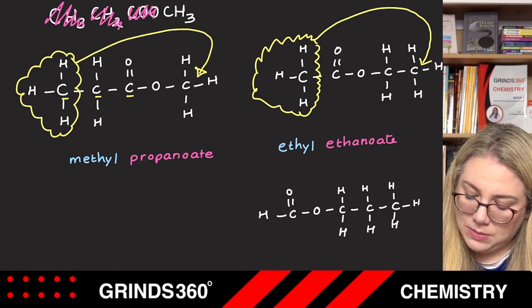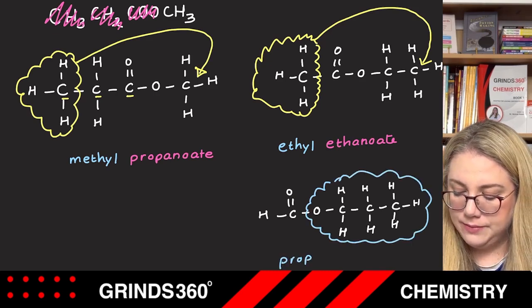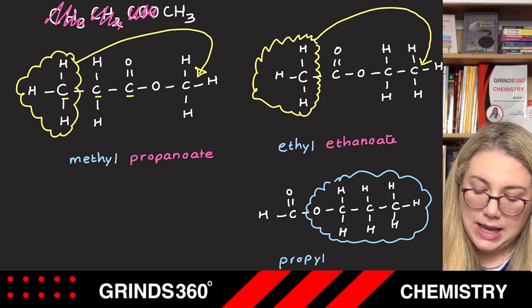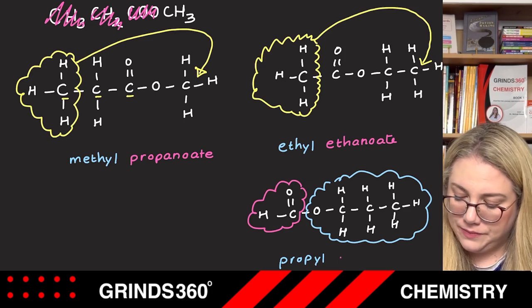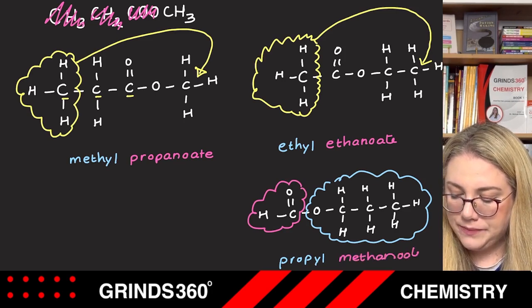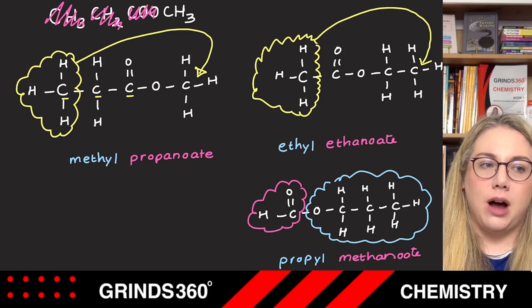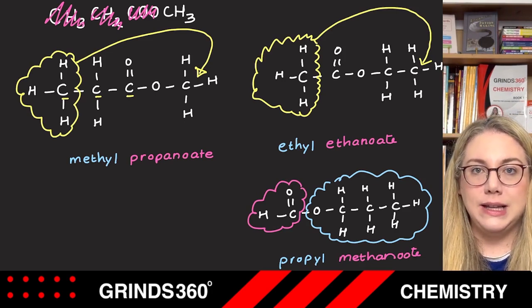Now the part of this molecule that came from the alcohol is this bit here. This would be propyl because you have 3 carbons. And the bit that came from the carboxylic acid would be this one. That would be propyl methanoate.